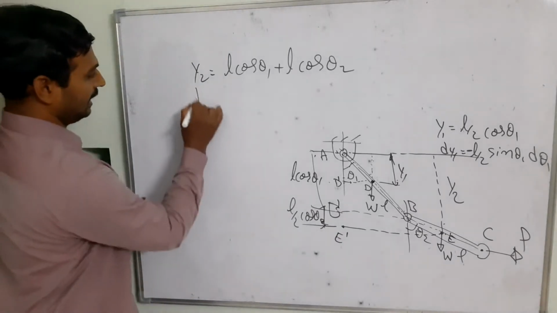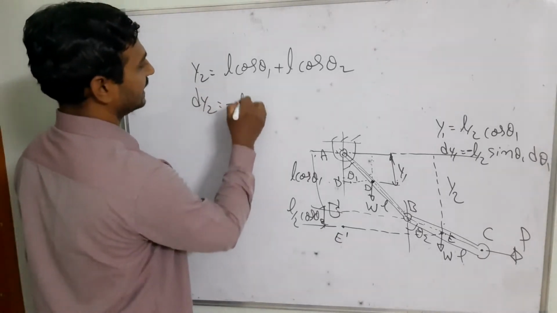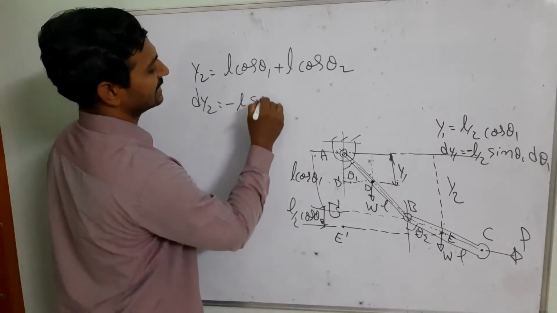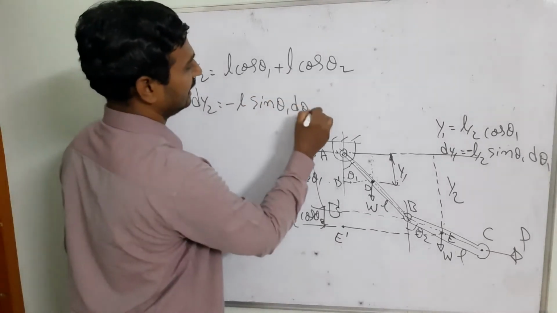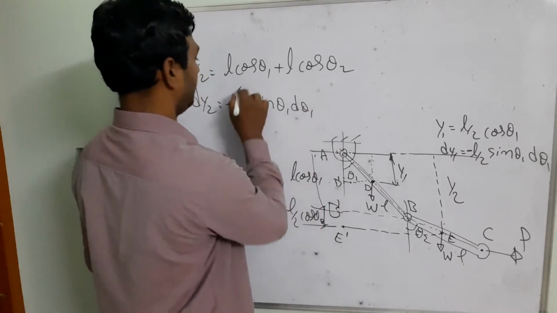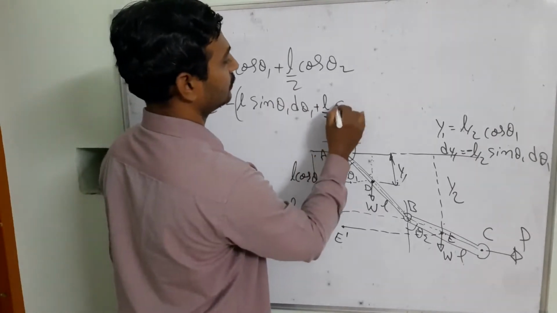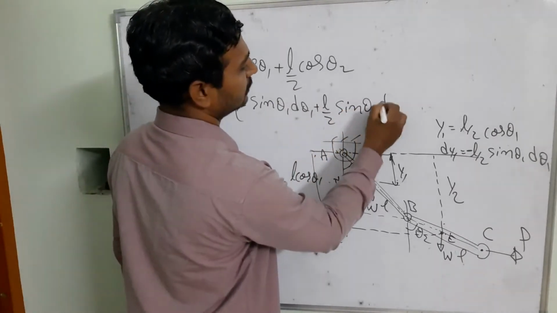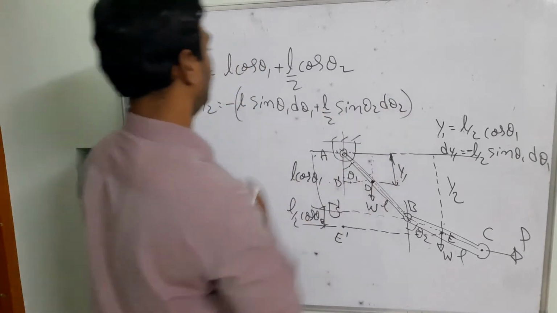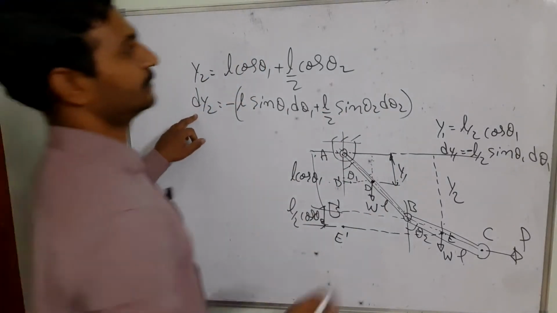And similarly, dy2 is equal to, what I am going to get here, minus L sin theta 1 d theta 1 plus, it will become minus over here, minus of L by 2 sin theta 2 d theta 2 we are going to get. So now we have calculated the y2 as well as the dy2.